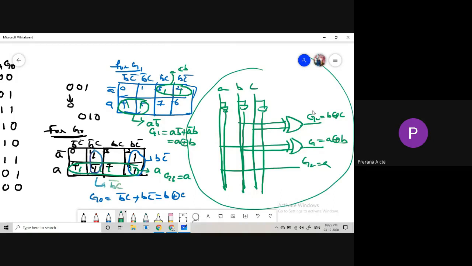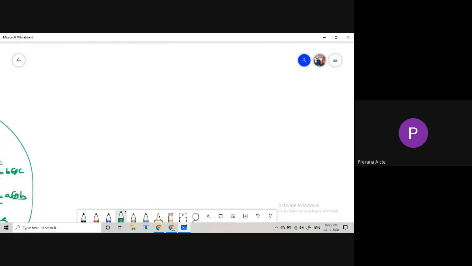Then the next converter is BCD to XS3. A BCD number consists of how many bits? 4-bit. BCD is nothing but 4-bit data.